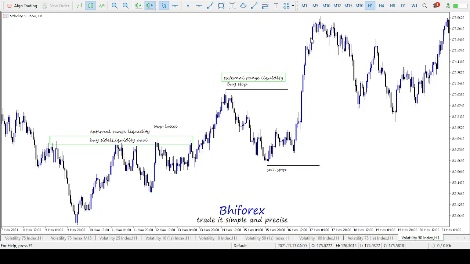But when you now have something, which I will explain, in between this low to this high, that becomes your internal range liquidity. For instance, from this low to this high, which candle is the longest? This one. And why is it the longest? It is the longest because it is the longest.